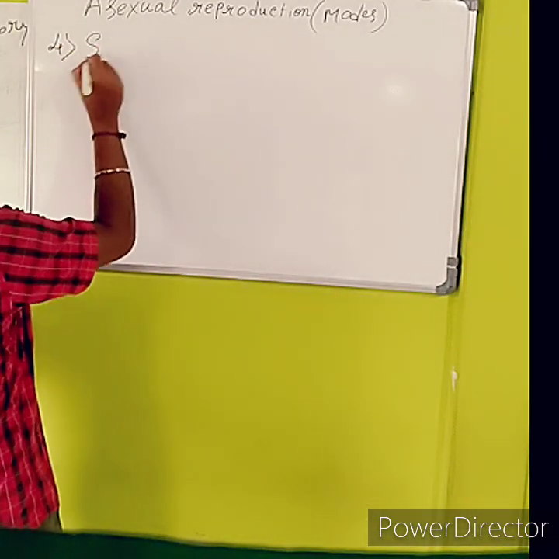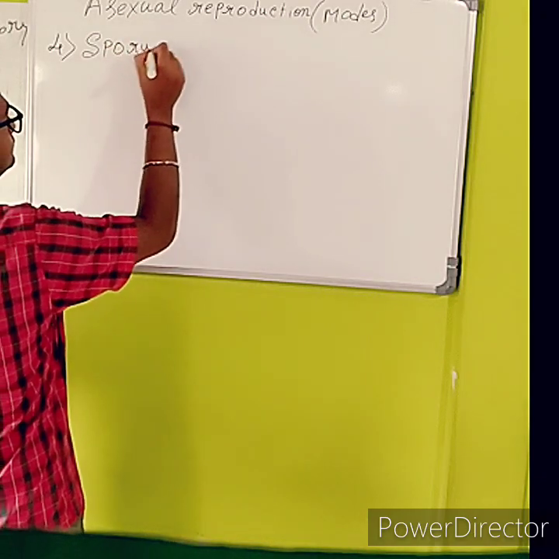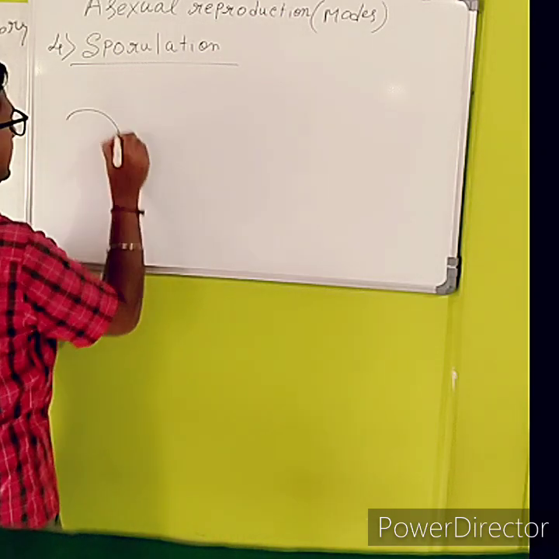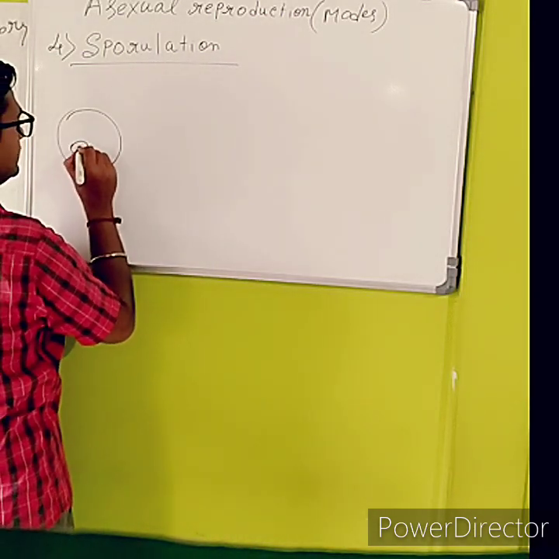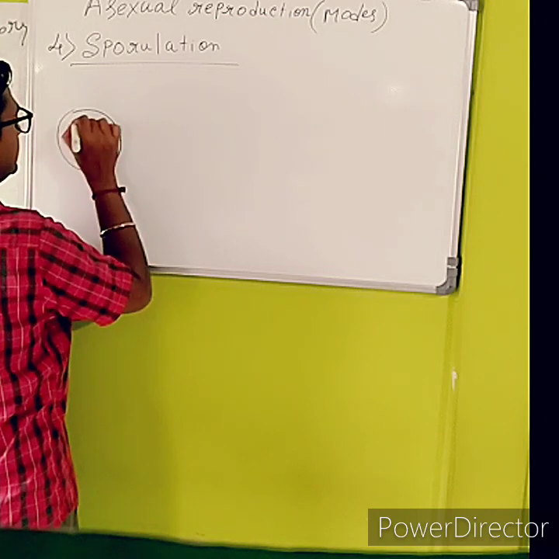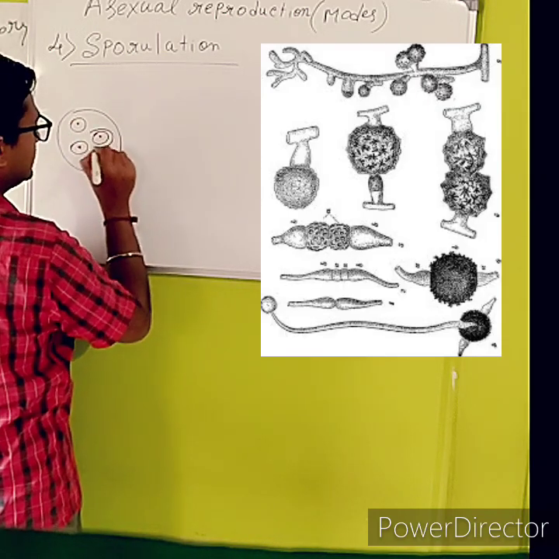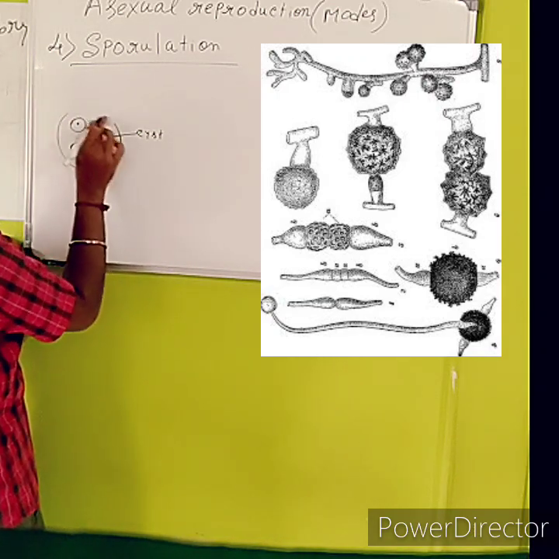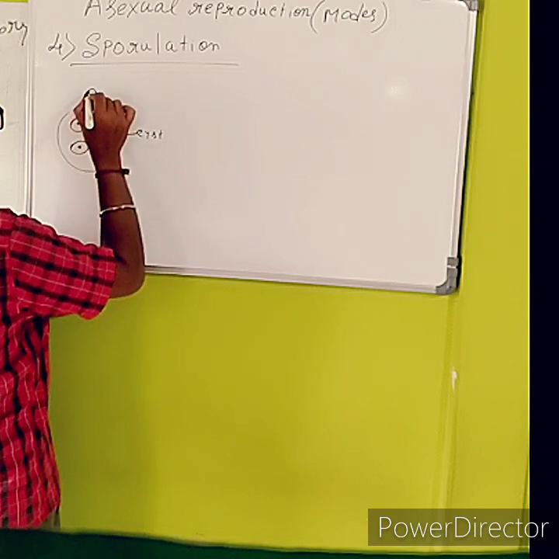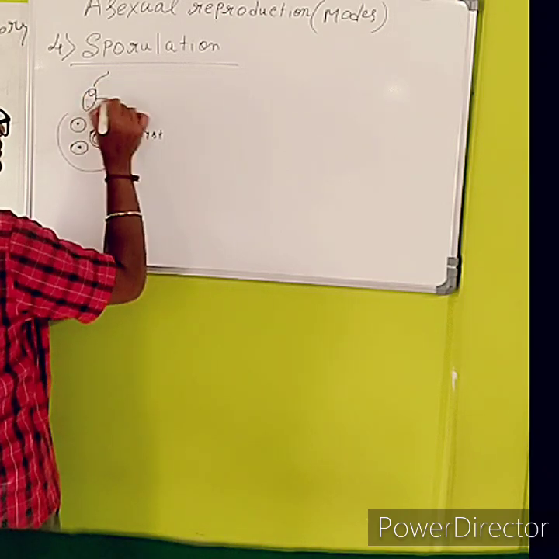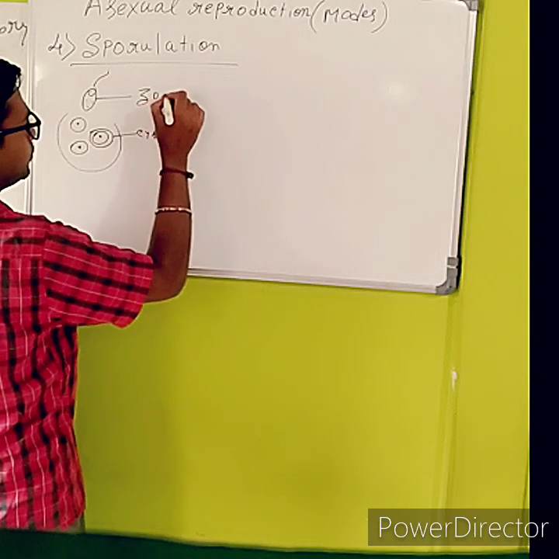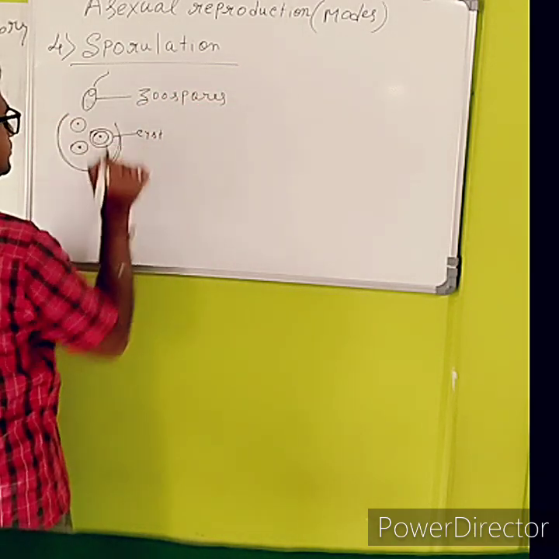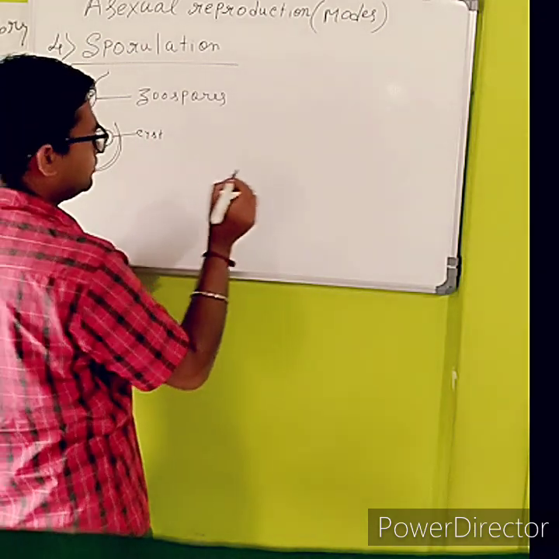The next most important mode of asexual reproduction is sporulation. In the parent body, first of all the nucleus divides several times, and each nucleus is surrounded by a cyst wall and forms spores. These are probably zoospores, and each will give rise to a new individual after germination.